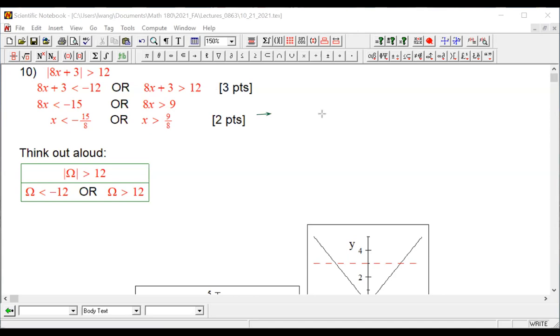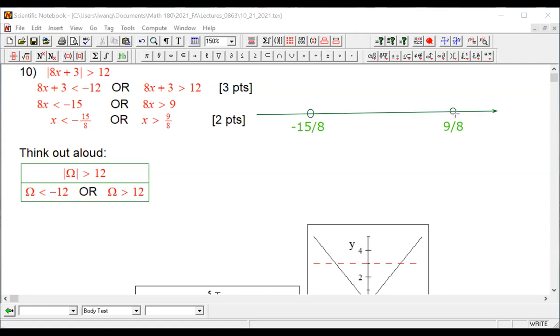If I am to show the picture, I have two numbers, negative 15/8 and 9/8. This is positive, that's negative. Negative is smaller than positive, so negative 15/8 is going to be on the left, and the other number, 9/8, is the positive one. Since this is less than, I'm going to put two circles.